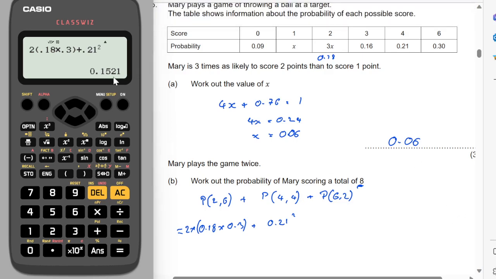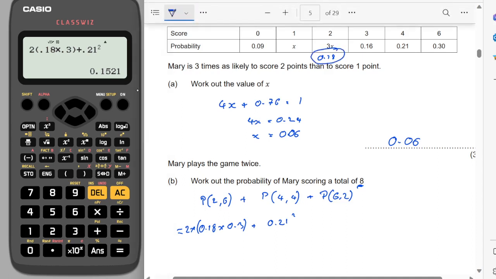Gives me 0.1521. Let's just double check everything here. Okay, here we go. So I've made a silly mistake up here. So 3 lots of 0.06 is not 1.8, it's 0.18.